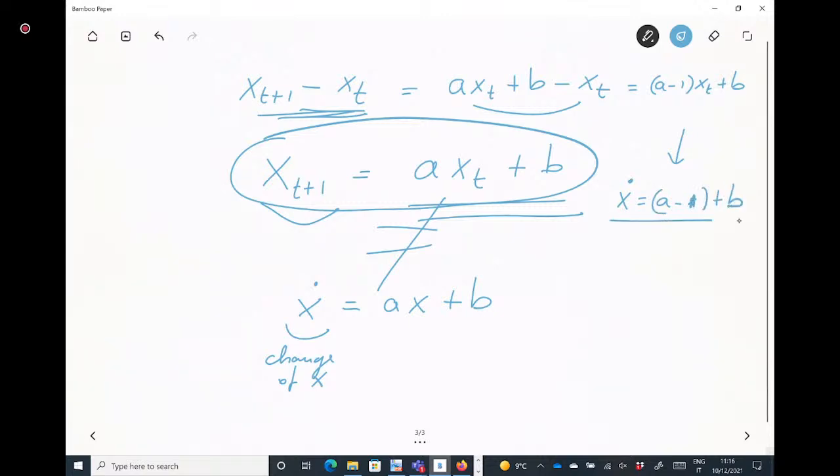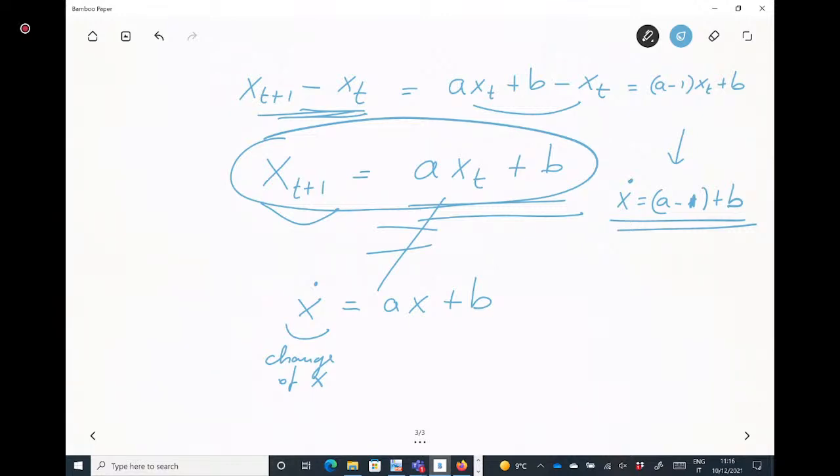So you must be careful with the parameters, because here this parameter characterizes the value of xt plus 1 as a function of xt. Here it characterizes the value of the derivative. And the derivative is a change of x. So in principle it should be compared with the change of x over a short time period.